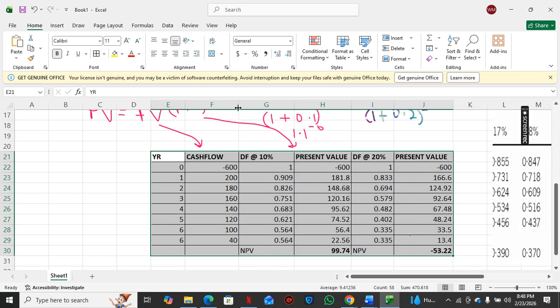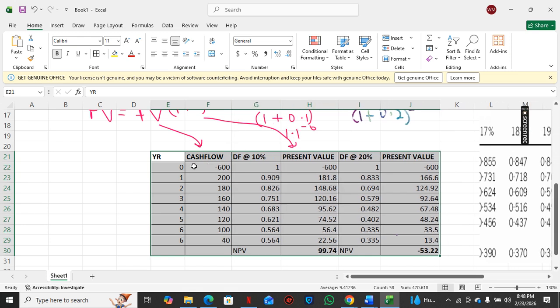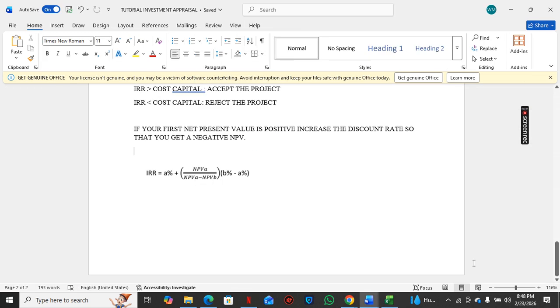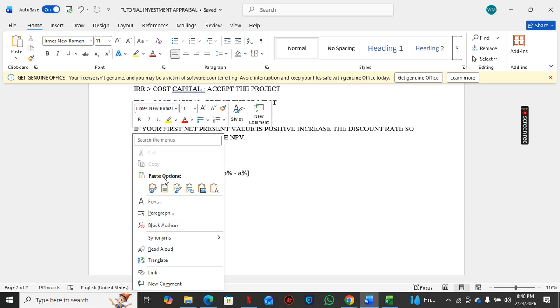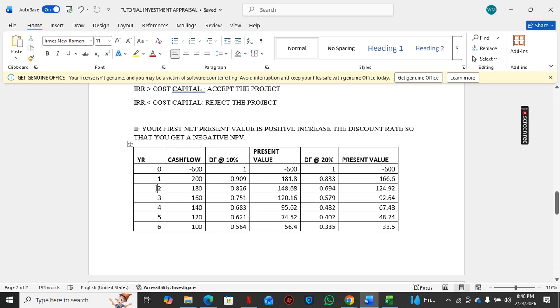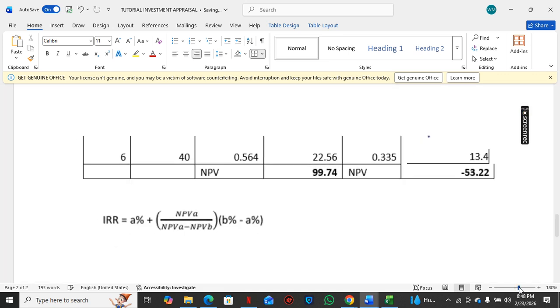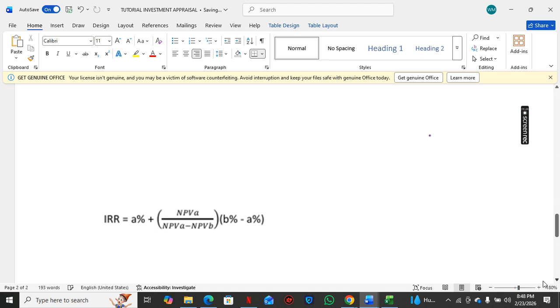Then we go to the interesting part. We now put this in our formula. So this is the formula for the NPV.